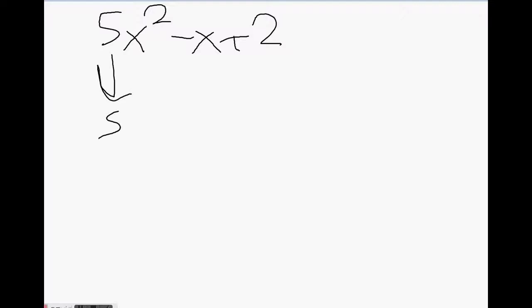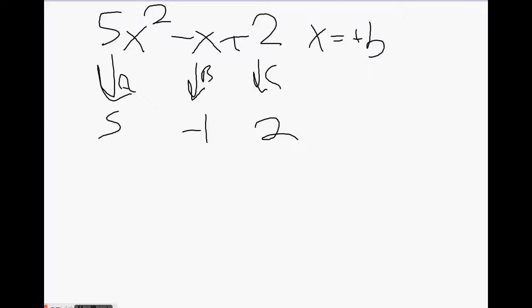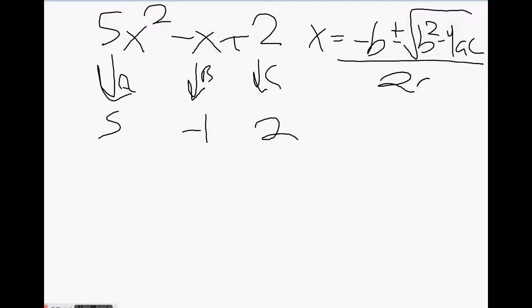Next is solve via quadratic equation. So we have 5x squared minus x plus 2. This will be our a, this will be our b, and this will be our c. For the quadratic formula, it's x equals negative b, plus minus the square root of b squared minus 4ac, over 2a.